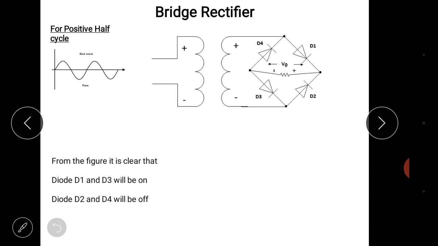In this case, the polarity of the voltage is indicated in the diagram, and the polarity of the voltage across the secondary suggests that diodes D1 and D3 will be on, but diodes D2 and D4 will be off.